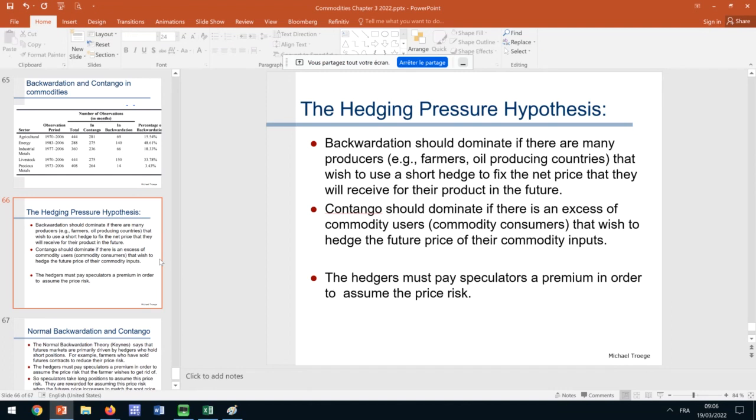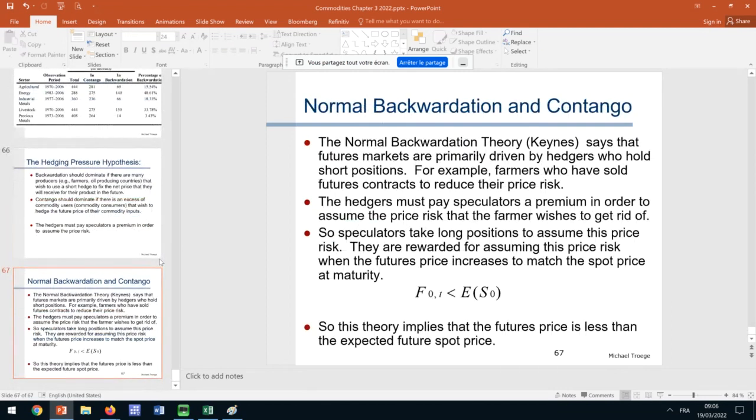And so that's the hedge pressure hypothesis, and this hedge pressure hypothesis leads to this normal backwardation, or potentially also normal contango theory, that has been developed by Keynes, which says that in many markets you will have the producers being very risk averse, and these risk averse producers will lead to backwardation.